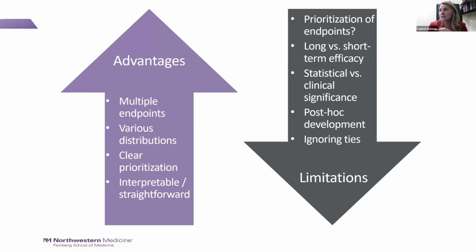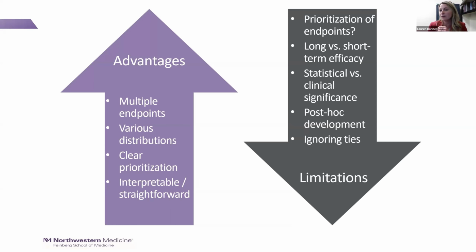So one of the limitations that's noted is actually also one of the strengths, in this idea of prioritizing endpoints. And so there's some argument that if you have a composite of something like MI and stroke, how would you actually prioritize those if you wanted to use the win ratio framework?